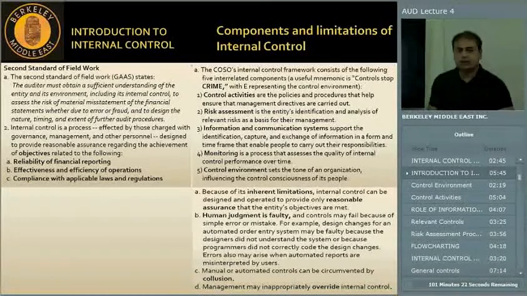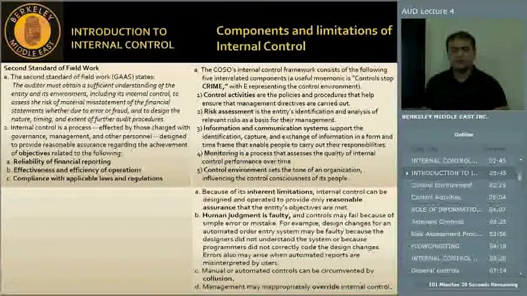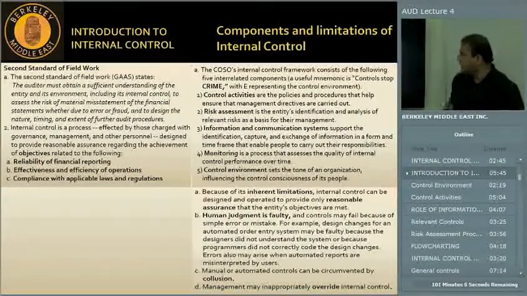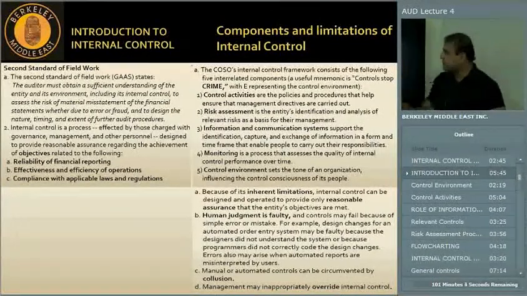What are the limitations? Obviously, every internal control is going to give you reasonable assurance, not absolute assurance. So every system has limitations. Even audit itself has limitations, like audit risk is associated with us. Same way, there are inherent limitations for internal controls.